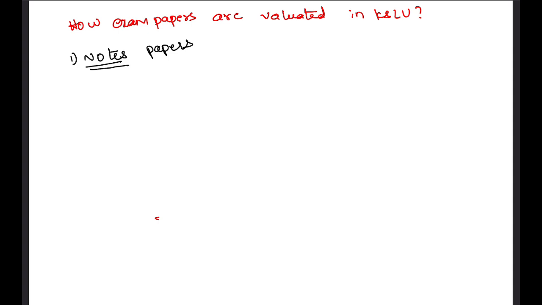So comparing to other universities or other examinations, like for example, my background is engineering. My university was VTU. So what happened in VTU was there was a fixed answer sheet, and from that fixed answer sheet only the evaluators were supposed to check for the answers and grant marks.